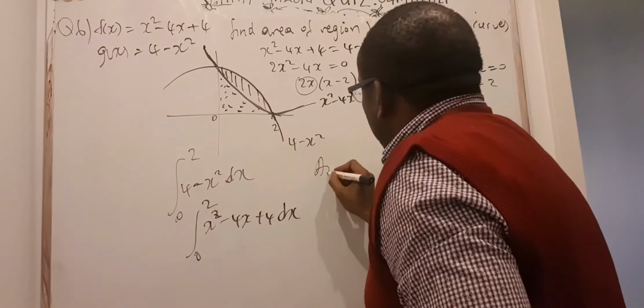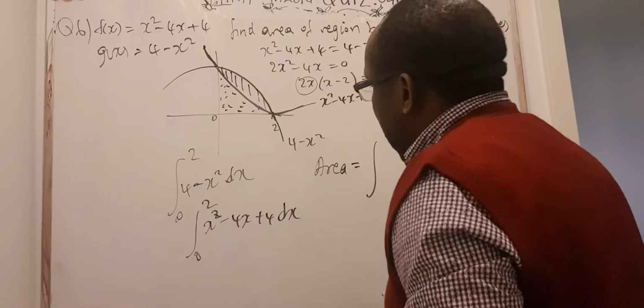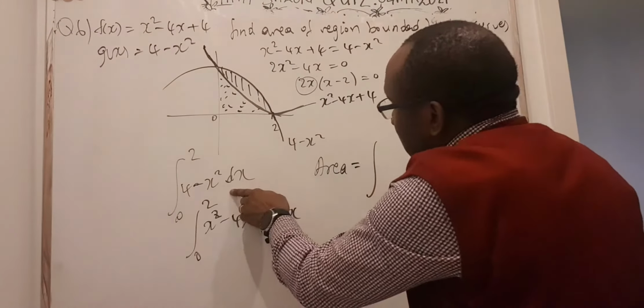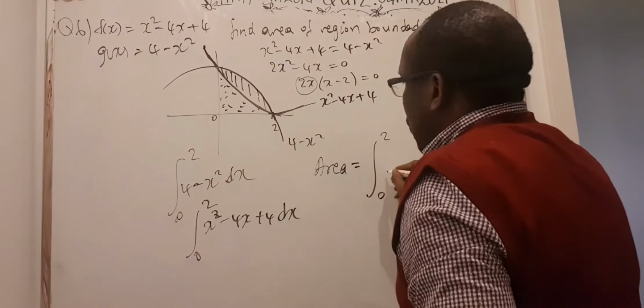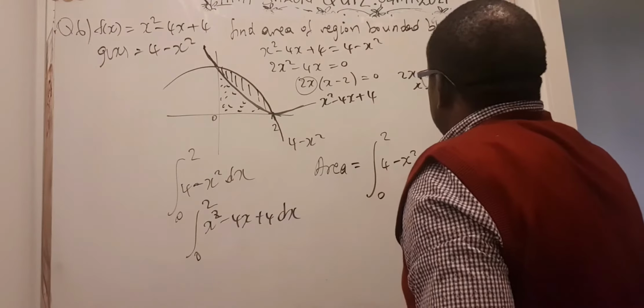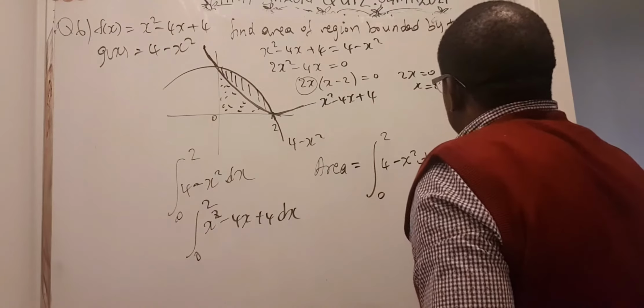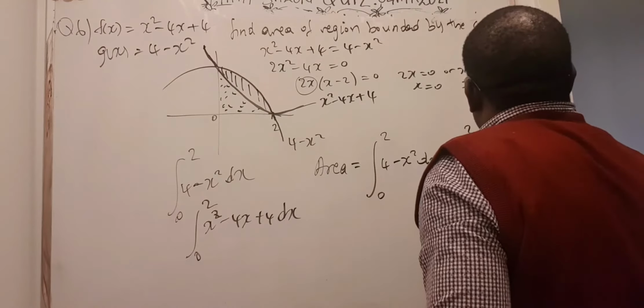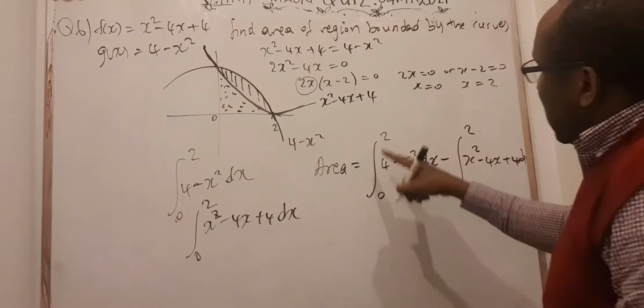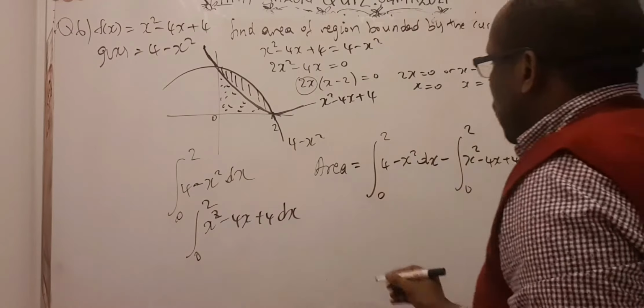So the area I'm looking for would be the integral of this bigger one, that is the one that is there, minus this smaller one. The integral from 0 to 2 of 4 minus x squared dx minus the integral from 0 to 2 of x squared minus 4x plus 4 dx. Since I have the same limits, I can actually put all the function parts together.